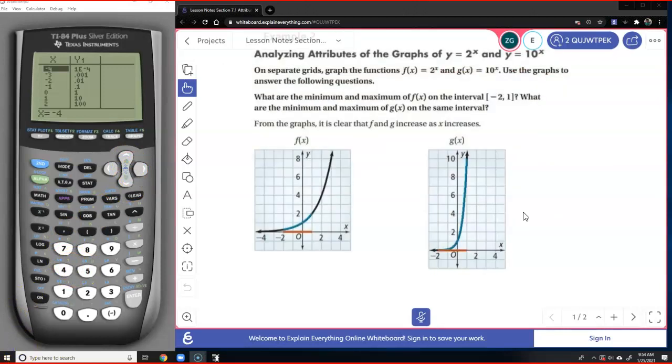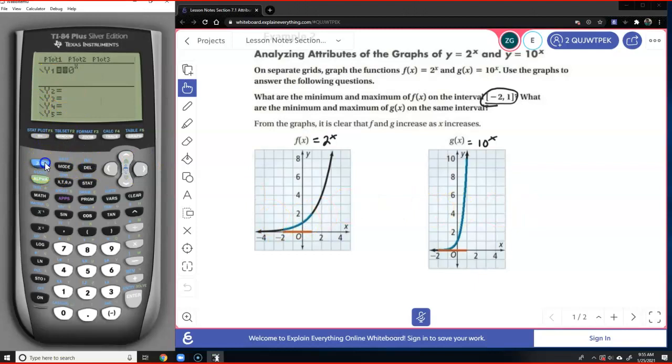We're going to analyze both graphs, y equals 2 to the power x. Of course, we're going to use function notation. f of x is equal to 2 to the power x, and g of x is 10 to the power x. And we're going to see what's the max and min over the interval -2, 1. So what I recommend you do is go to the y equals.